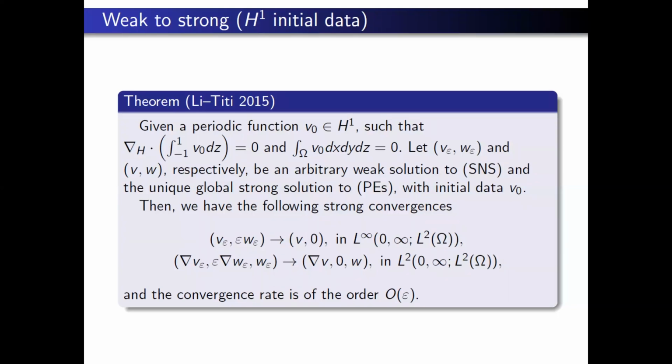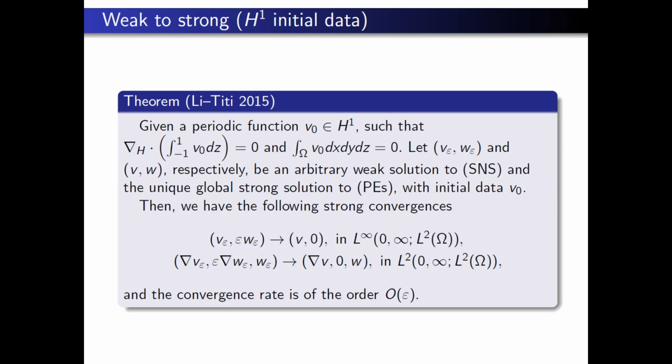But for the primitive equation, for such initial data, this is the result of Tsao and myself, we have global existence of a unique global solution. So this is the unique global solution of the primitive equation, and V epsilon, U epsilon is any weak solution of the Navier-Stokes equation with the same initial data.